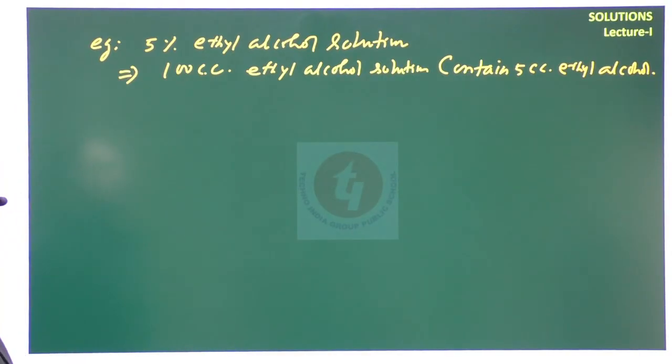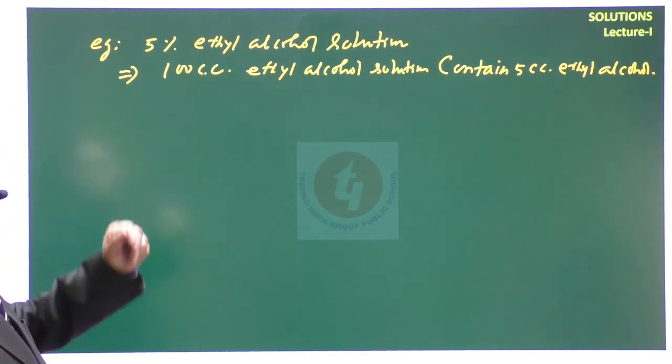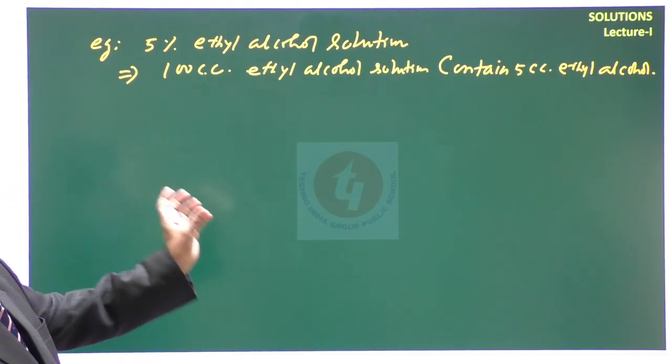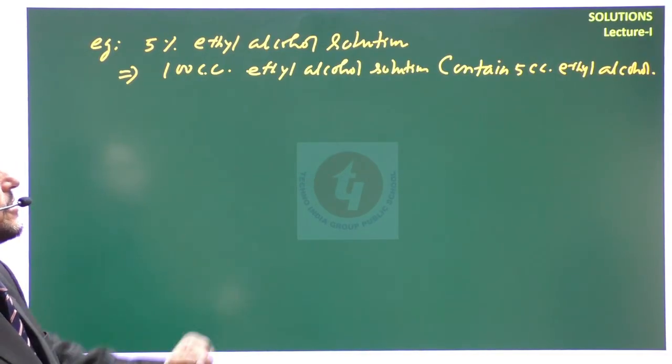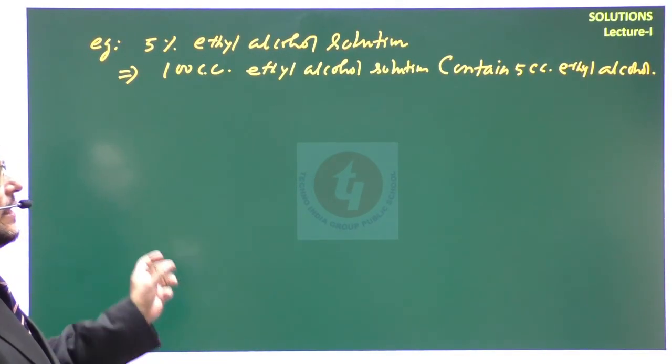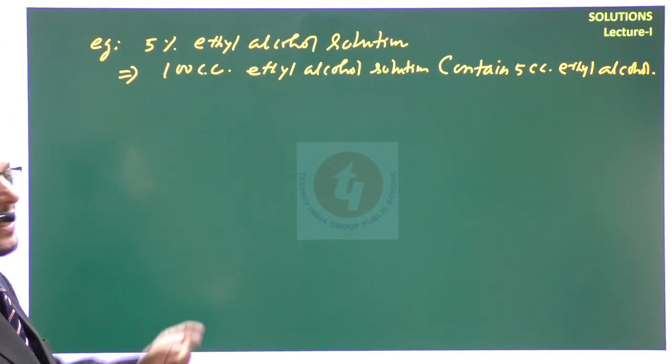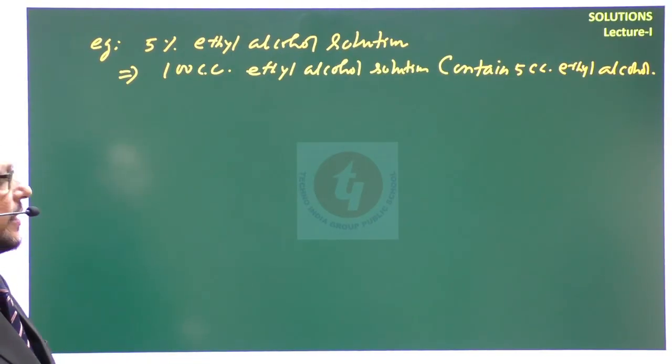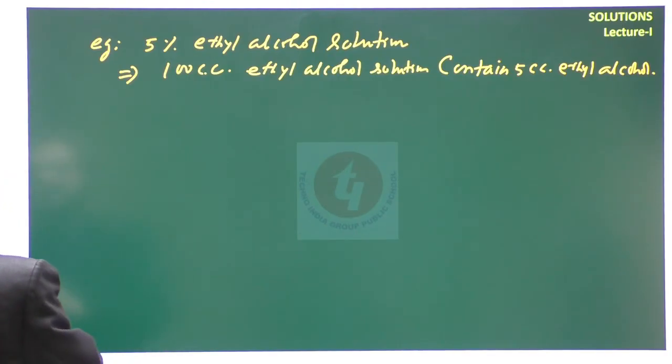That means out of 100 cc of ethyl alcohol plus water, 5 cc is ethyl alcohol, and 100 minus 5, that is 95 cc, is water. I think it is clear. So this is the percentage.